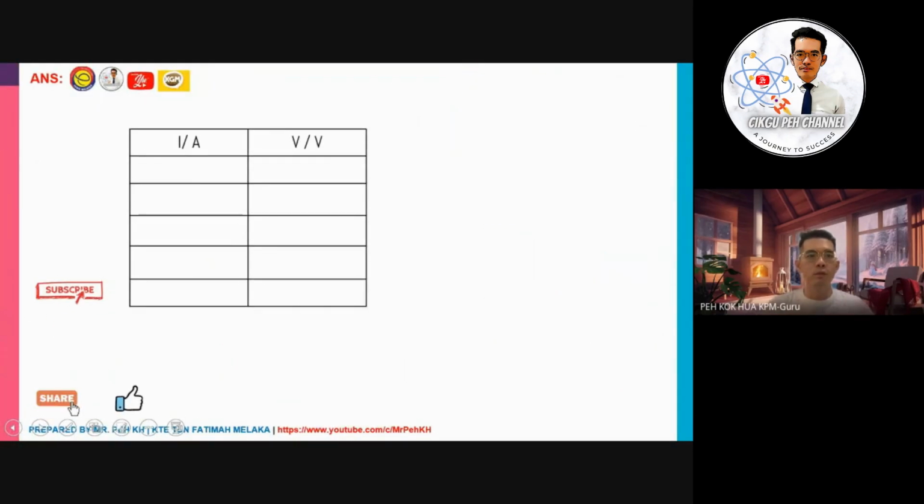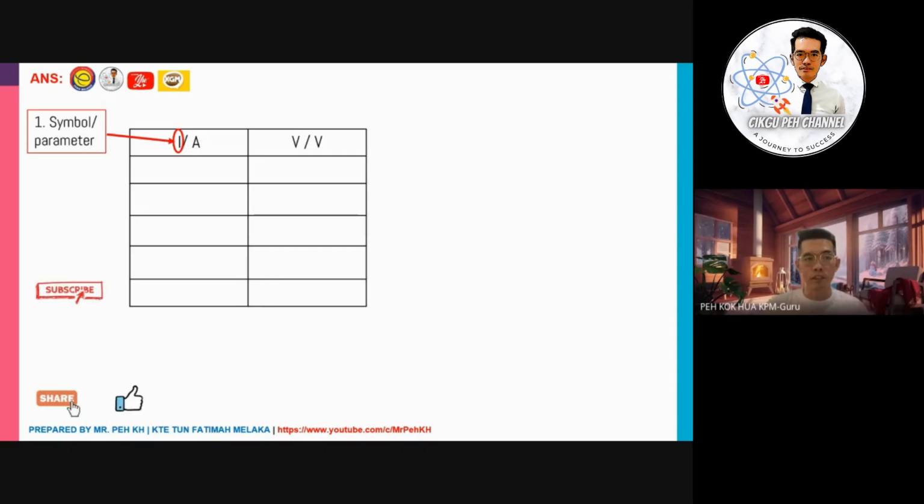Okay, so here we go to our discussion on how we get our full mark for tabulation. Firstly, the question is asking us to tabulate the data. So from the procedure, there are only 2 MV and RV we measured. So here, we need to give the reading of current, which is the reading of the ammeter, and the voltage from the voltmeter.